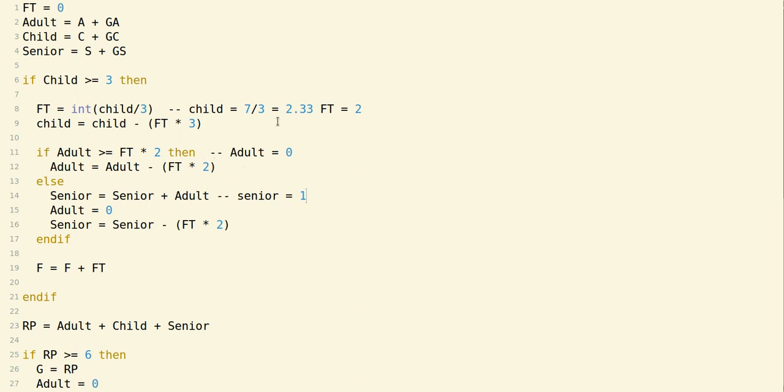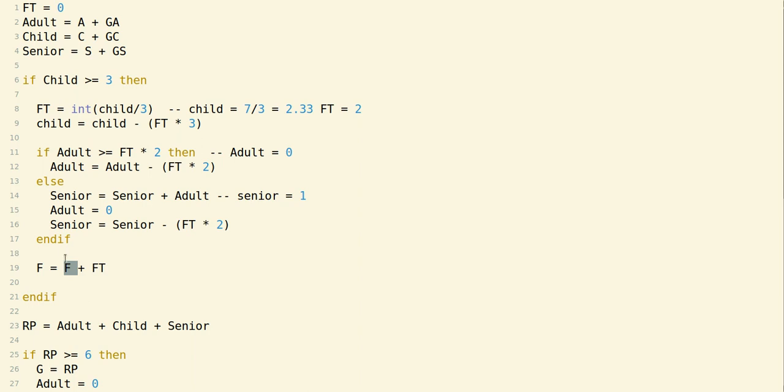So the value of FT that we computed over here is being added with F, being the family tickets that the user opted himself or herself. This FT is what we are computing. The code is computing what the user should have purchased, but F is what the user has selected himself.